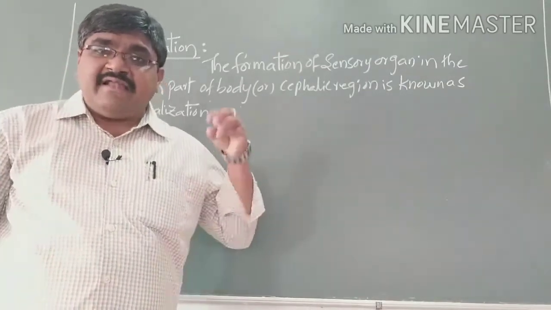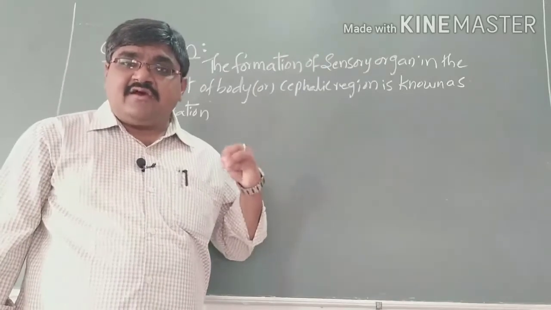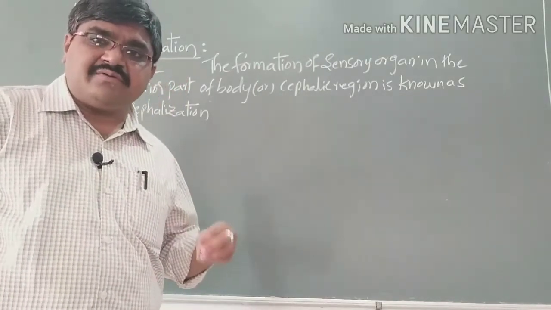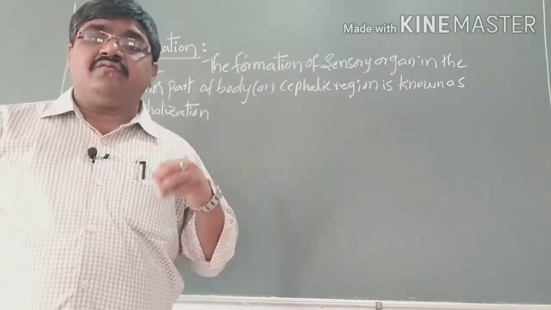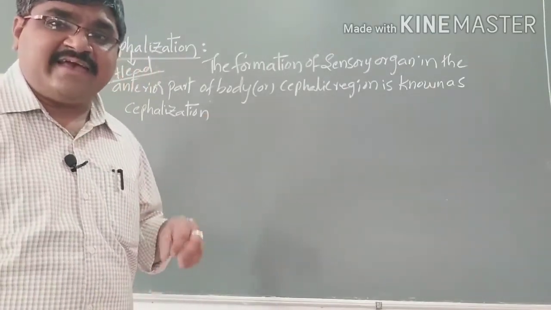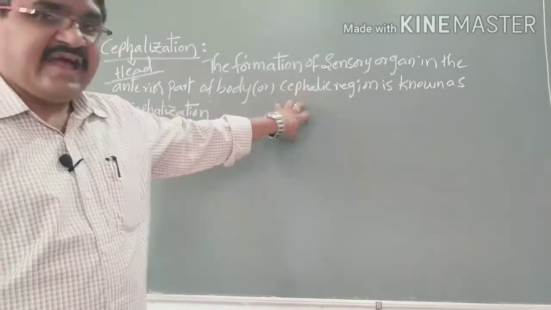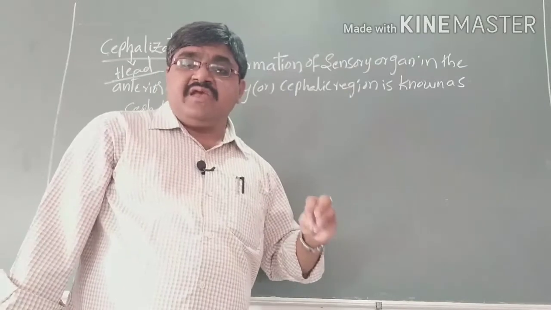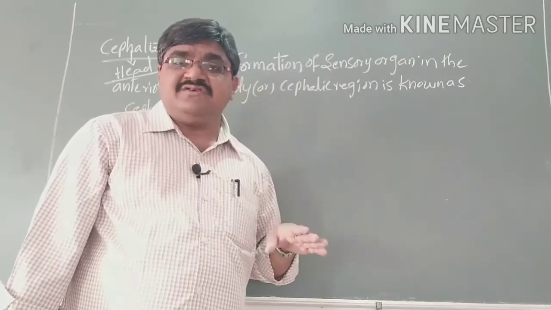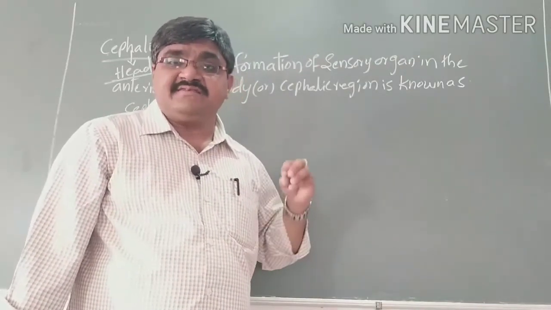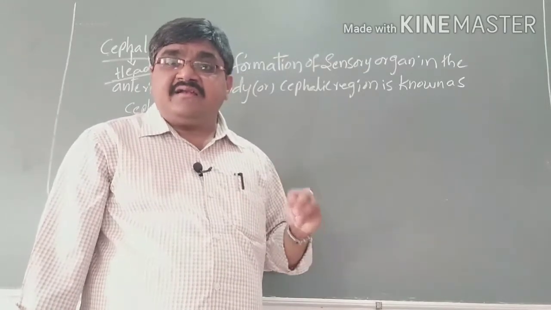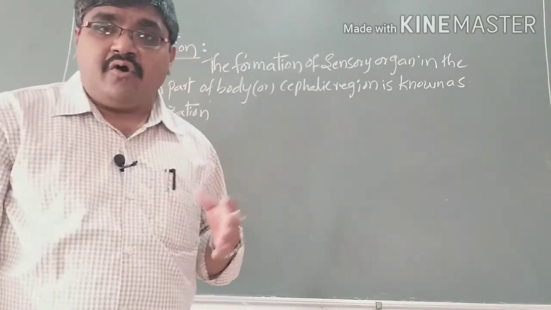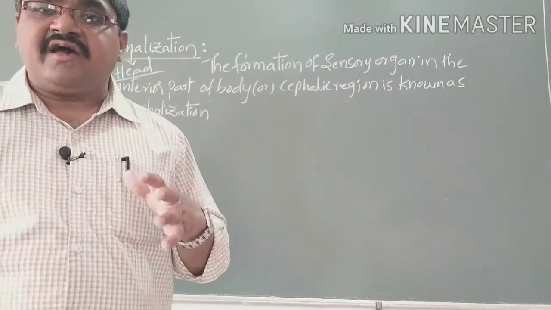In the head all the sensory organs are present. If the sensory organs are present in the anterior part of the body, that is the cephalic region or head region, we can call that cephalization. Cephalization mainly takes place in bilateral organisms, where it is helpful for the movement of organisms in all directions.